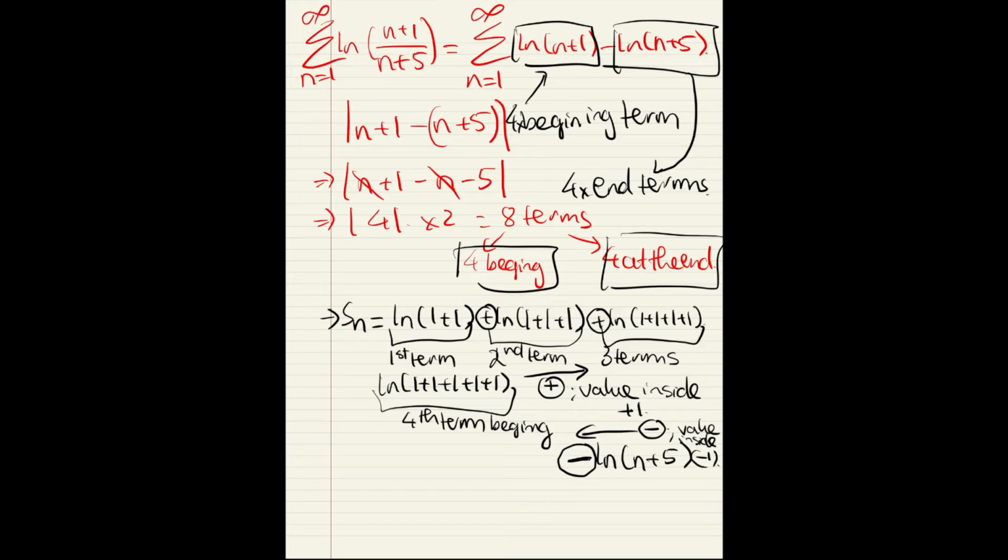So ln of n plus 1 minus ln of n plus 5 minus 1 minus ln of n plus 5 minus 1 minus 1. This is the first term, second term, third term, and the last term is the fourth term: minus ln of n plus 5 minus 1 minus 1 minus 1.